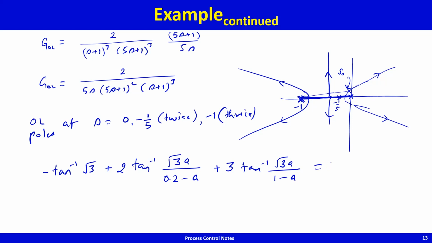This angle is pi minus this, and it should be equal to pi, so pi and pi will cancel out and then you're left with this equation.